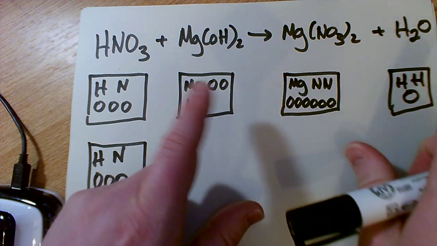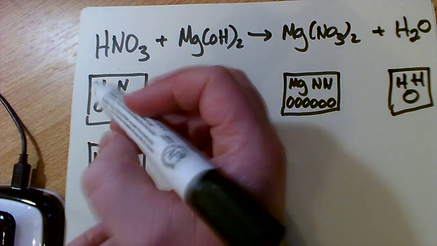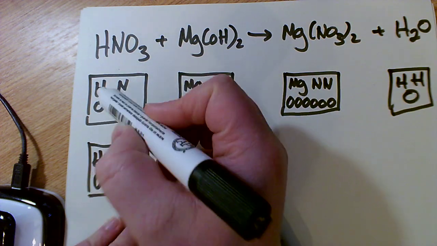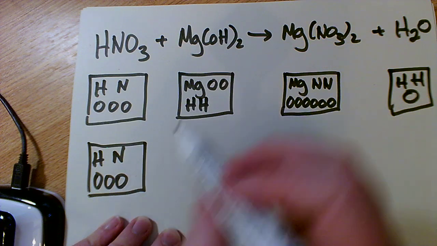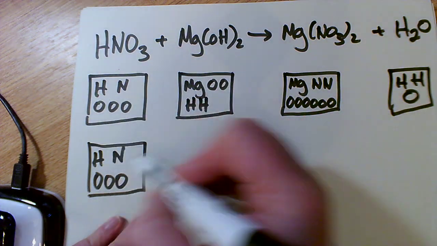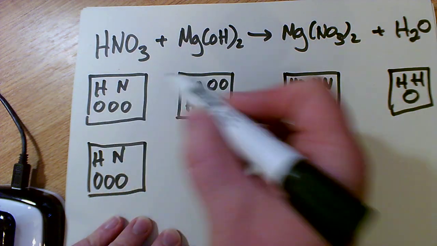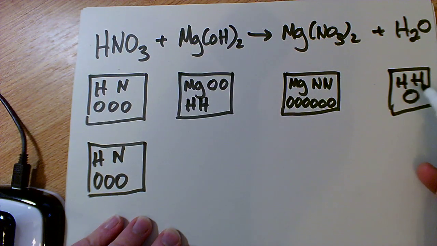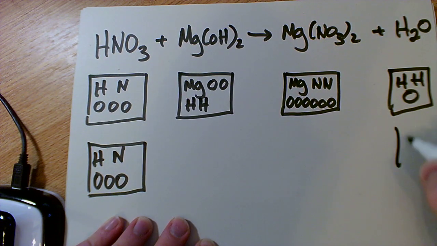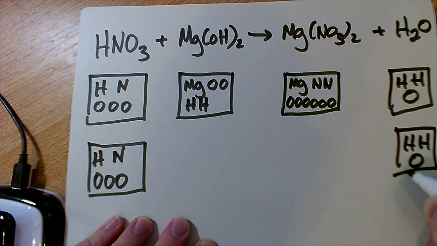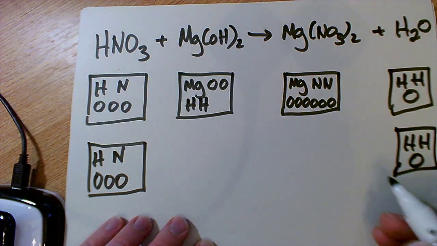That's nice and balanced. I'm now going to look at the hydrogens. I've got 2 hydrogens over here plus another 2. So that's 4 on the left hand side. And there's only 2 on the right. So I need to add another box of this in order to get it to balance the hydrogens.